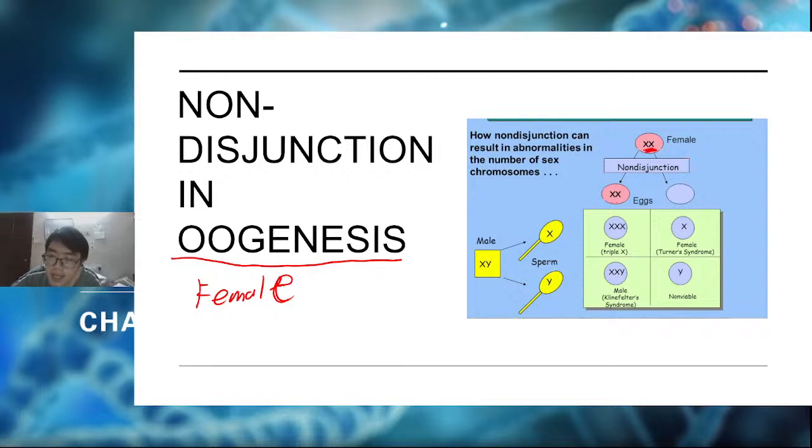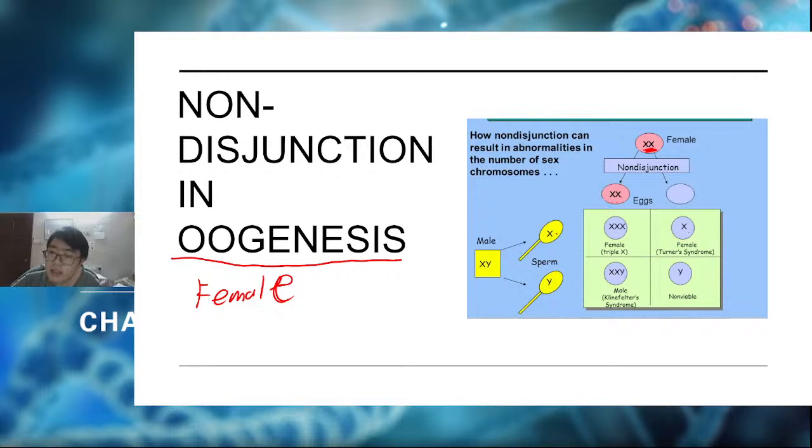So if this egg is fertilized with the male X, the zygote, the baby, will have XXX. So this is the triple X syndrome.